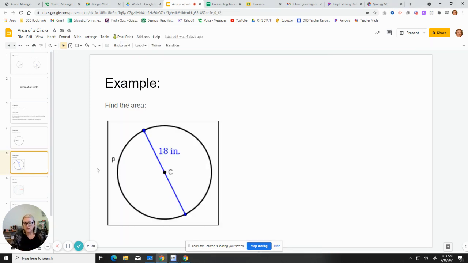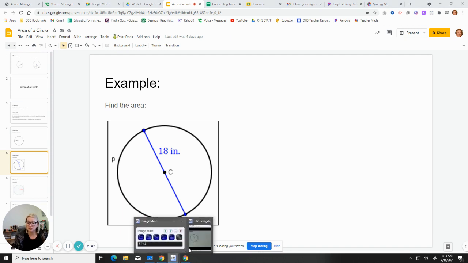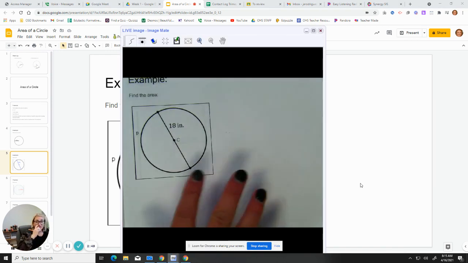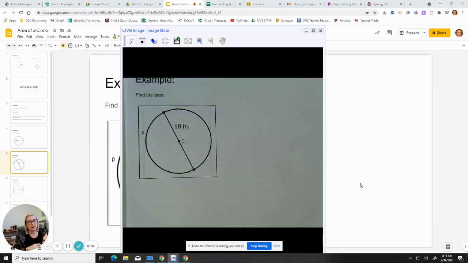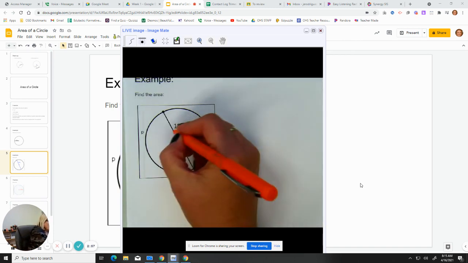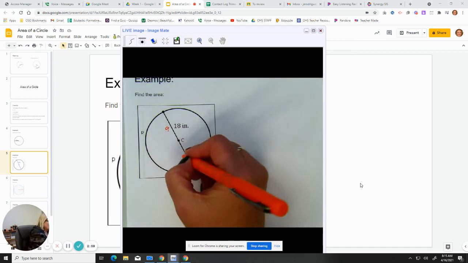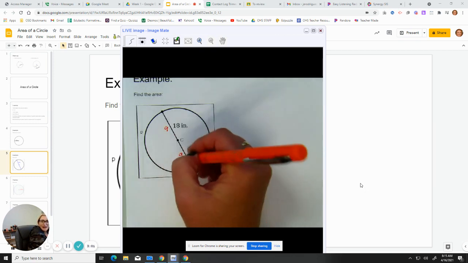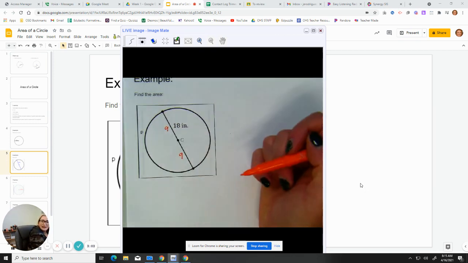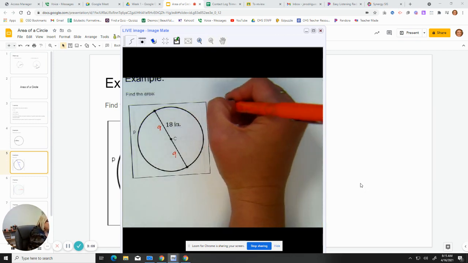Okay, so here is another one. This one obviously is a diameter question, so we're going to have to do something first. When you have a diameter, we need to find the radius. Remember, a diameter is all the way across, a radius is halfway across. So if I divide this by 2, it tells us that our radius is 9, since our whole diameter was 18.